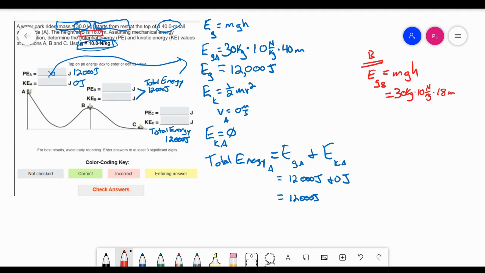So now we can go through and do that calculation to find that gravitational energy. And so I take 30 times 10 times 18 and punch that into my magic calculator, and I get 5,400. Kilograms cancel with kilograms. I get Newton meters. Same thing as a joule. So the gravitational energy at B is 5,400.